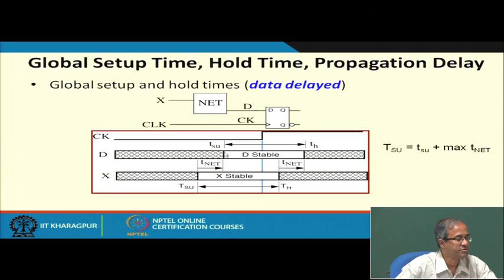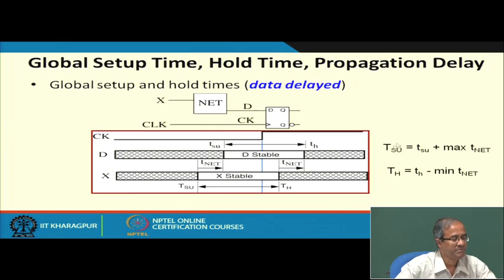So, as you can see, TSU is this plus the maximum of T net, TSU plus T net, that will be your T setup time of this global input. So, the input setup time will be the maximum delay of the network plus the setup time of the flip flop, and the hold time of this global input Th will be Th, the hold time of the flip flop, minus the maximum, no, this will be the minimum delay, because it is going in the negative direction, you have to take the minimum delay of this network.